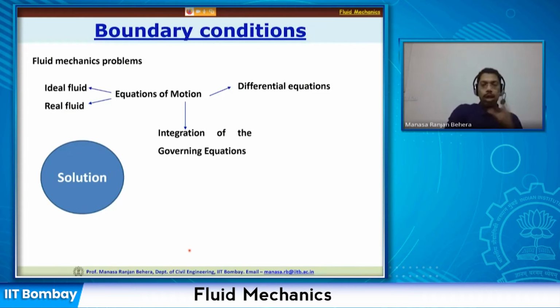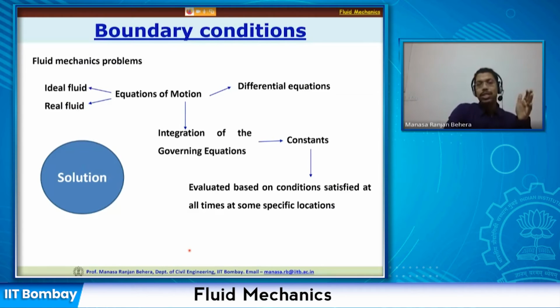So when you solve or integrate any governing equation, differential equation, what will you get? You will get constants. And these constants you can evaluate based on the conditions satisfied at all times at some specific locations. These locations are usually present along the boundary, and we call these boundary conditions.